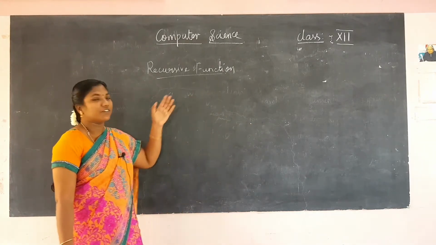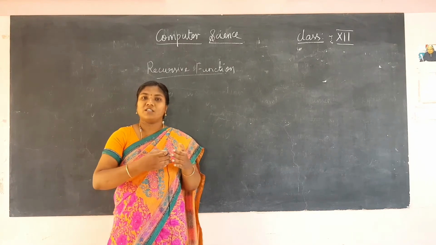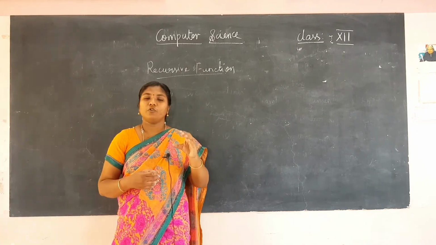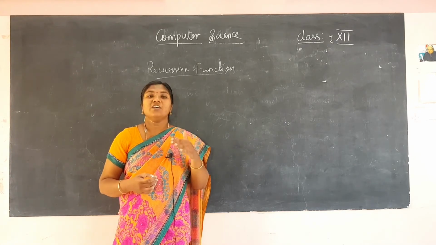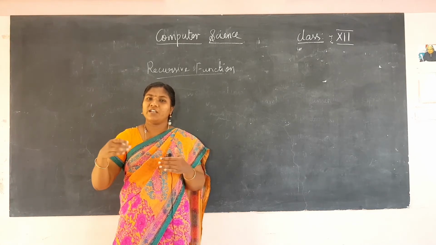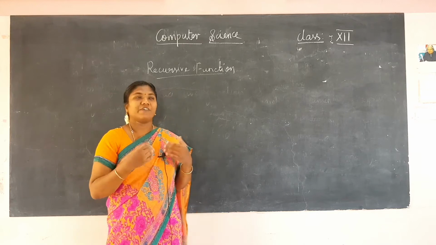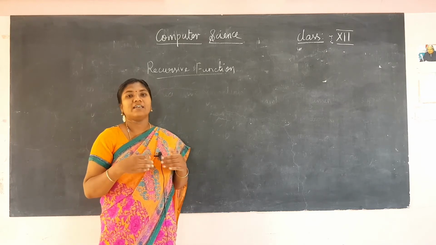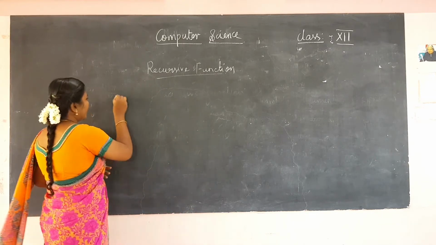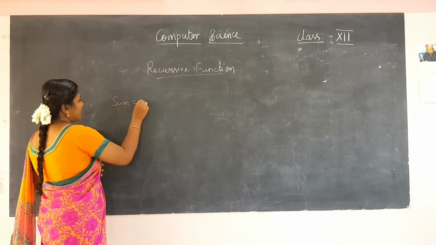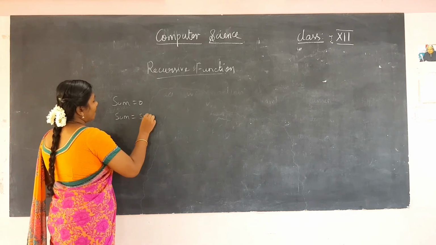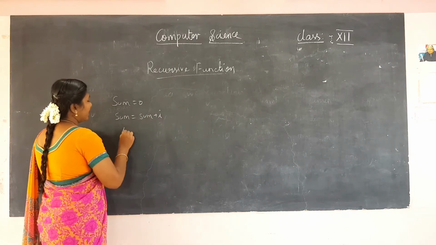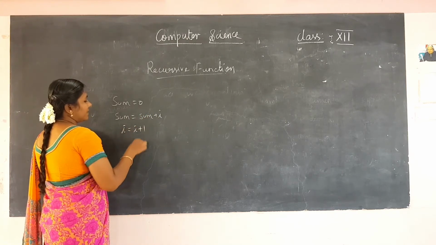Okay, so you know the recursive function very well. When a particular loop or block of statements goes on executing, it may go on in an indefinite manner, isn't it? Say I consider sum is equal to 0, and sum is equal to sum plus i, and i is equal to i plus 1.